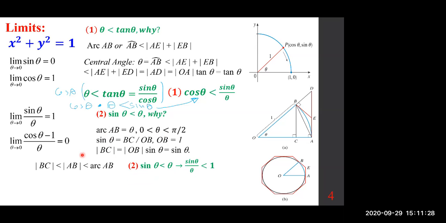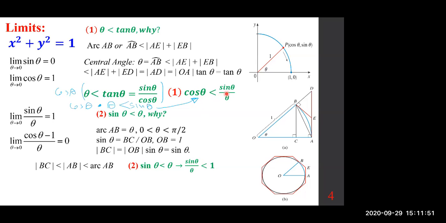So sine theta is less than theta. We're going to divide both sides by theta. So sine theta over theta becomes less than 1.